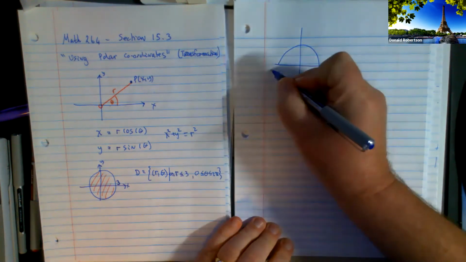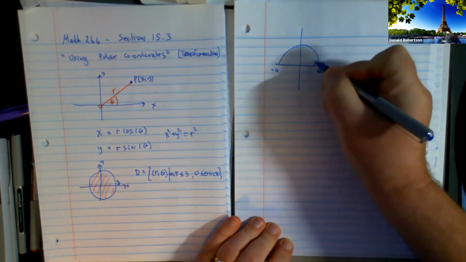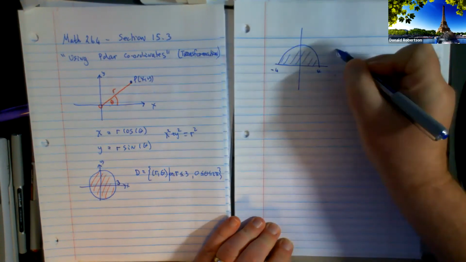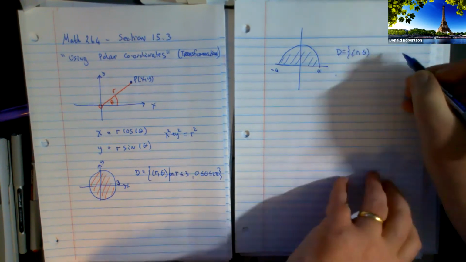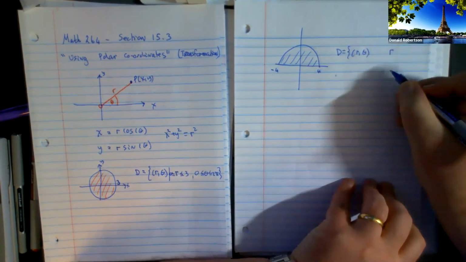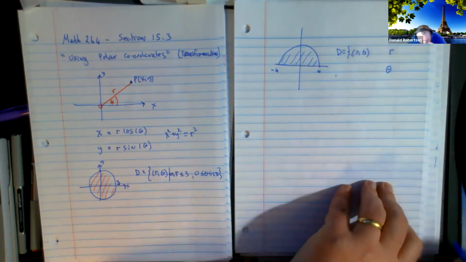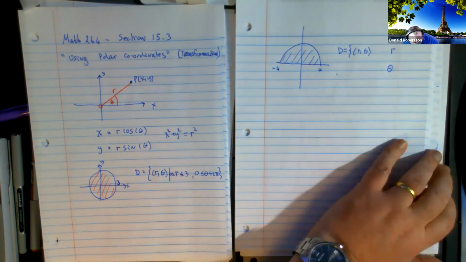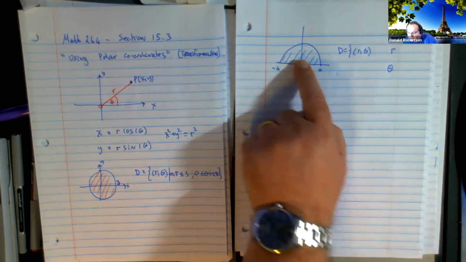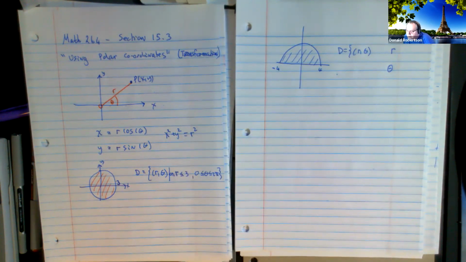Right, let's suppose this is negative 4 to 4 and I want this region. So we need to know what R does, and we need to know what theta does. What would be the range in values for the R variable to create this half disk?